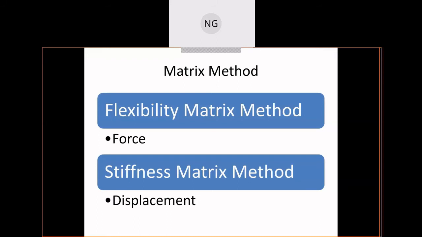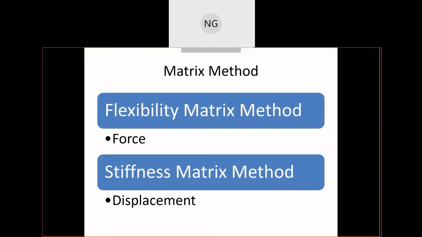In the flexibility matrix method, the main aim is to find out the forces. Here forces are unknown. By using this method, the final forces available in a member are found out by knowing the displacements. In the stiffness matrix method, the basic unknowns are displacements, but we know the forces acting on a member. Knowing the force, we find out the displacement.